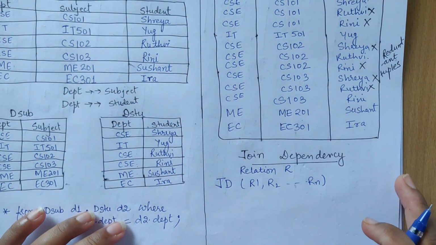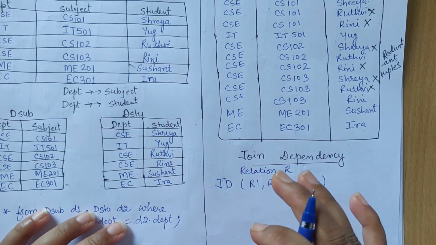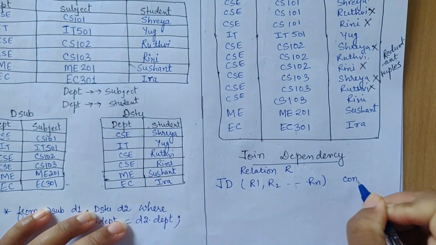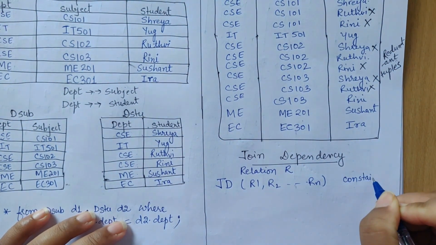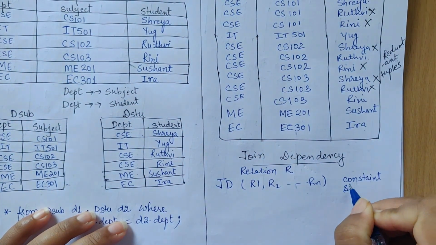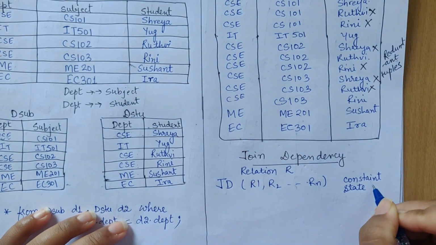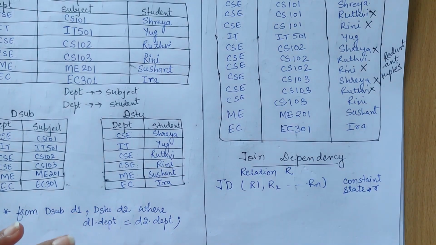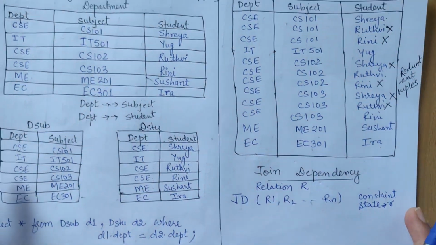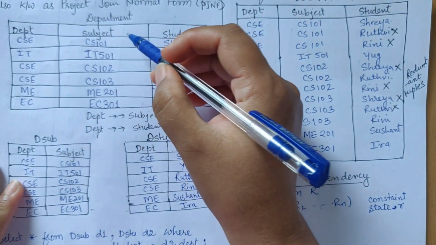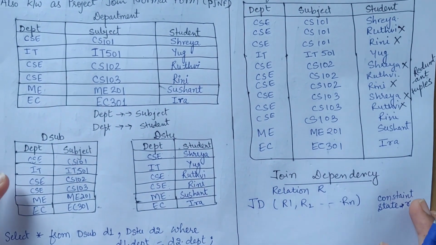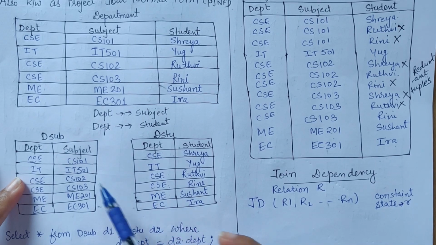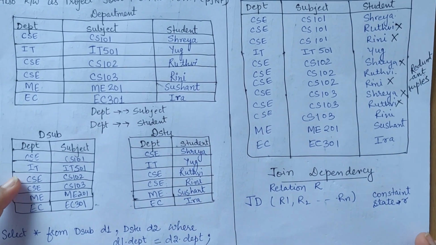Okay, now here there will be some constraint state also. So the constraint state, let us suppose it's small r for this capital relation R. Here this is my relation, department is my relation R. This department got decomposed into R1 and R2, D subject and D student.